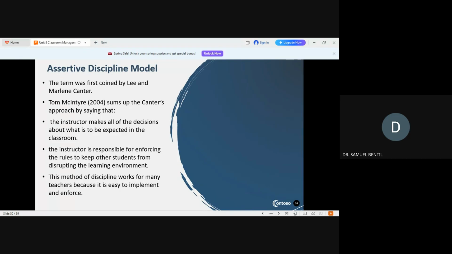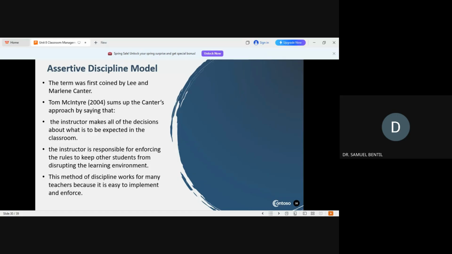This is a discipline model where the responsibility of taking the decision, the disciplinary measures, and the sanctions that go thereof is the sole prerogative of the teacher to determine. It is the teacher who takes all the decisions about what is expected in the classroom, and he is also responsible for enforcing those rules to keep students from disrupting the classroom.